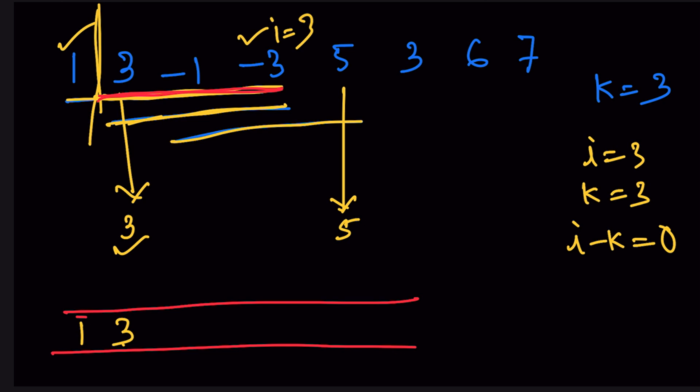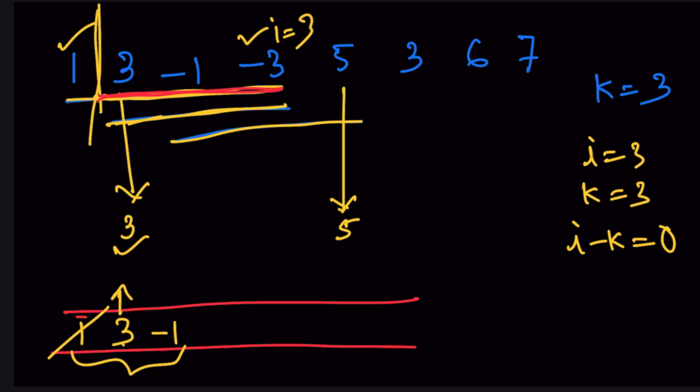Just that we got a 3, 1 can never become the maximum for this window. So we can get rid of this one. Next we are adding -1. -1 is less than 3, the current max, so we can keep it. So this is the first window we got, and the maximum is this one.